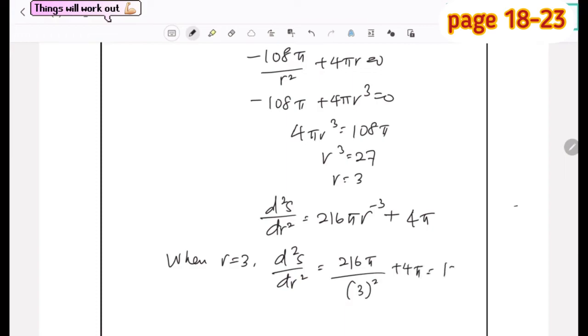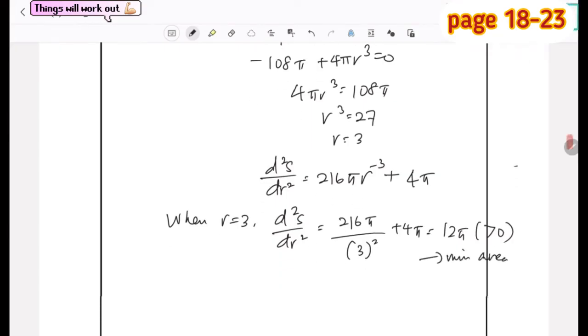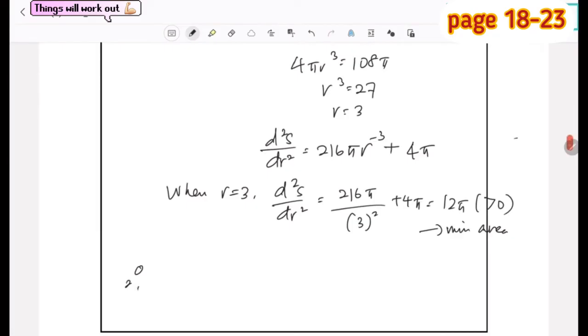We get it to be 12 pi, which is greater than 0. So hence this is the minimum area. Hence the surface area is minimum when r equals 3.